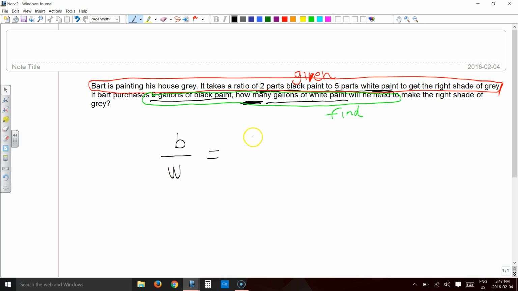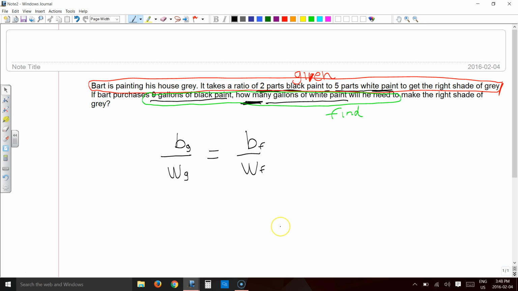The formula could look something like this: black paint over white paint in the given information, and then black paint over white paint in the finding information.